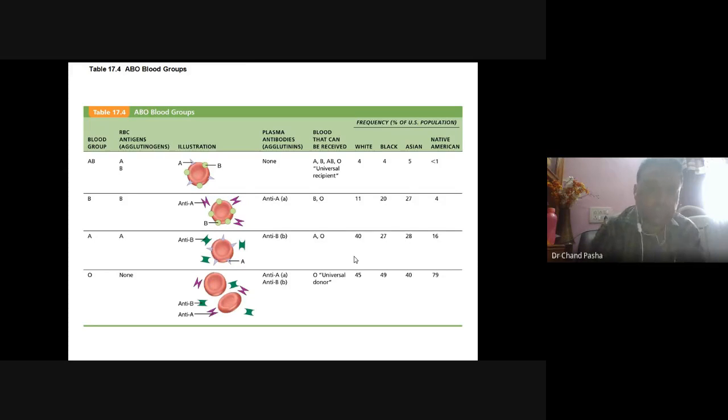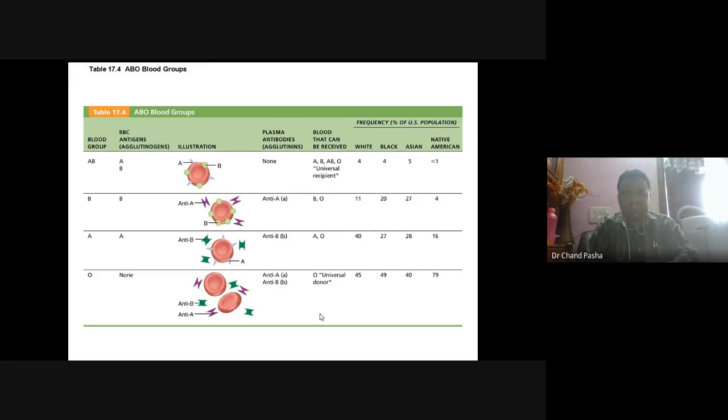A can donate to A as well as AB. And O is the last group, not last, the O group, which does not have any antigen on the membrane surface, whereas both types of antibodies are there in their plasma. So these people can donate blood; we call them universal donors.